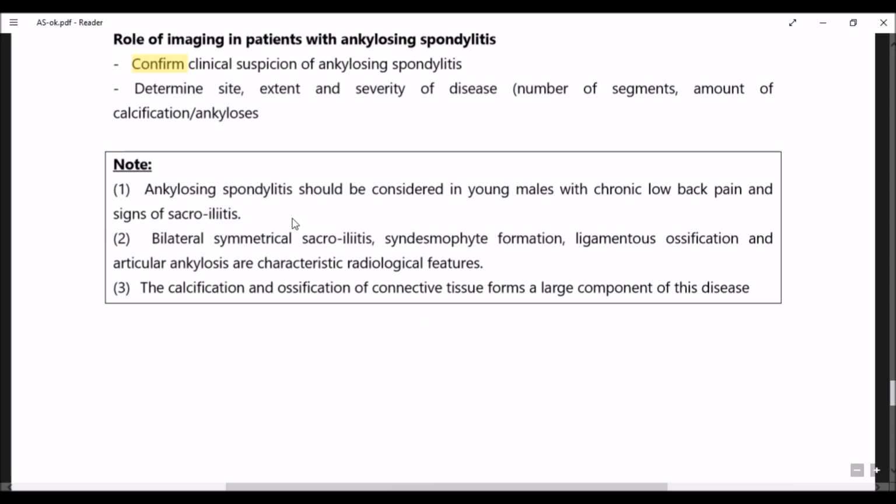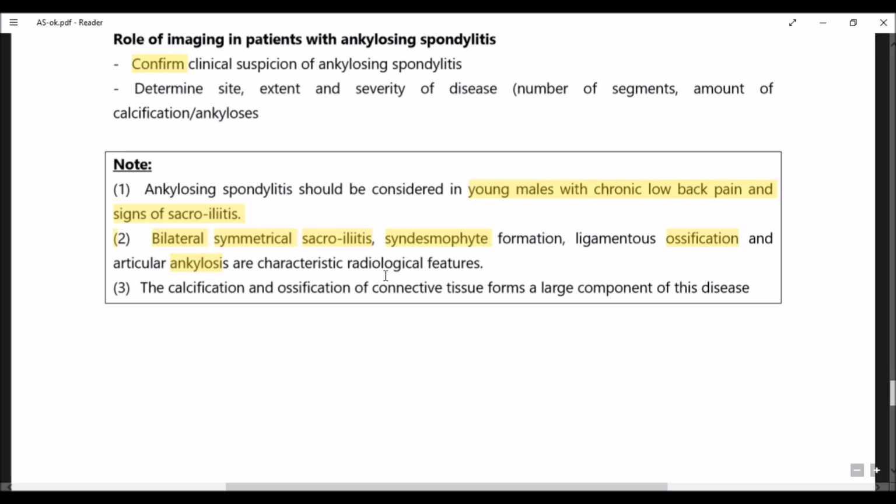So what is the summary of this talk? Ankylosing spondylitis should be considered in young males with chronic low back pain and signs of sacroiliitis. Bilateral symmetrical sacroiliitis, syndesmophytes, ligamentous ossification, I am saying the ossification, and articular ankylosis are characteristic radiological features.